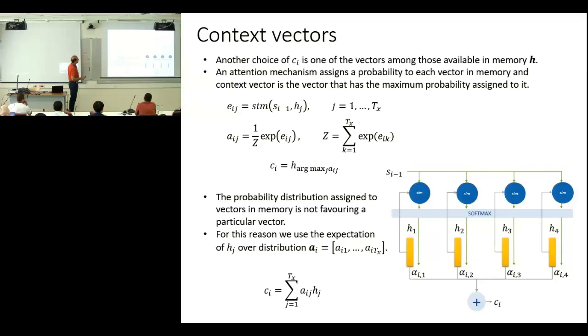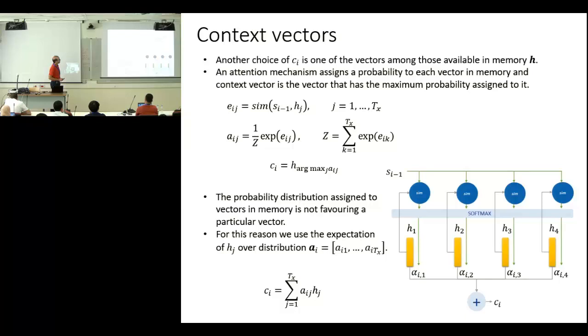For this reason, the context vectors should take into account the whole sequence of the hidden states of the encoder. An attention mechanism assigns a probability to each vector in memory. Memory here is the hidden states of the encoder, and the context vector is a vector that has the maximum probability assigned to it.